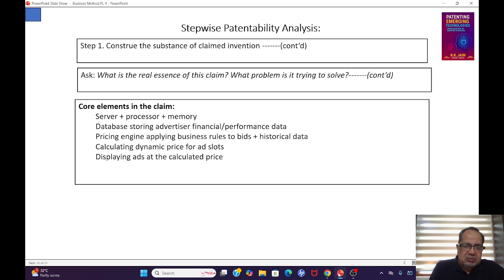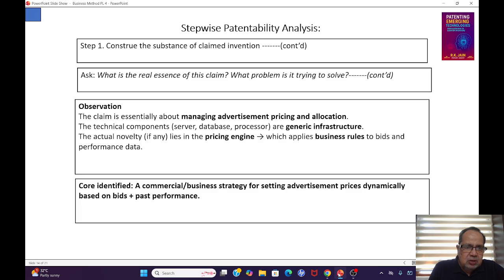It calculates dynamic pricing for ad slots and finally gives you the output, which is the result with the specific pricing slot matched with the maximum bids, the highest bids received.